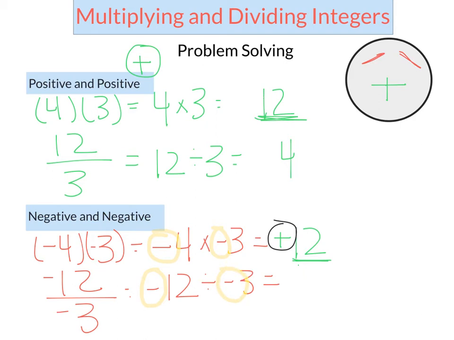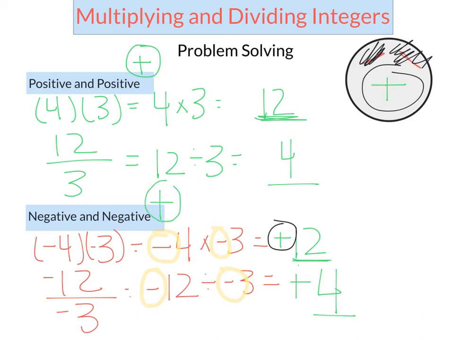That means I am scratching out my negative and a negative and I'm left with a positive sign. My answer is positive 4, the same as above. That means if I'm multiplying or dividing a negative times a negative, my answer is always going to be positive.